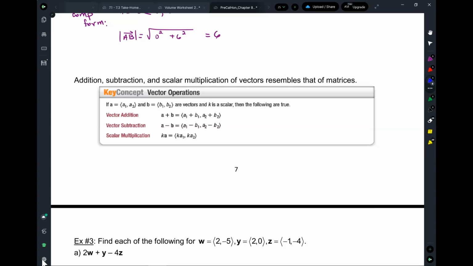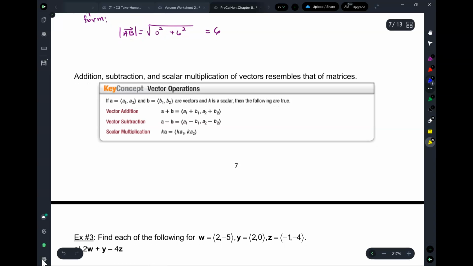So just like matrices, vectors in component form have their own way of adding and subtracting. If you have vectors in component form, basically you just add the first components and put them here, and then you add the second components and put them here.